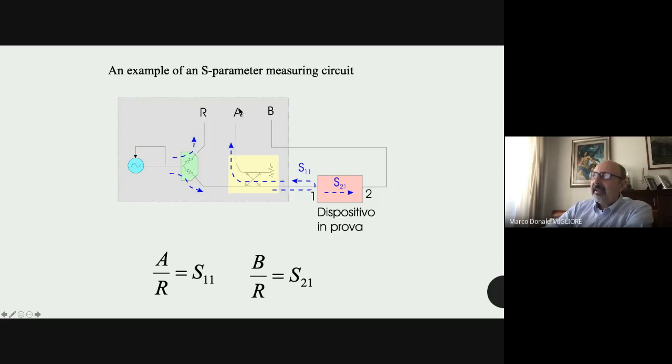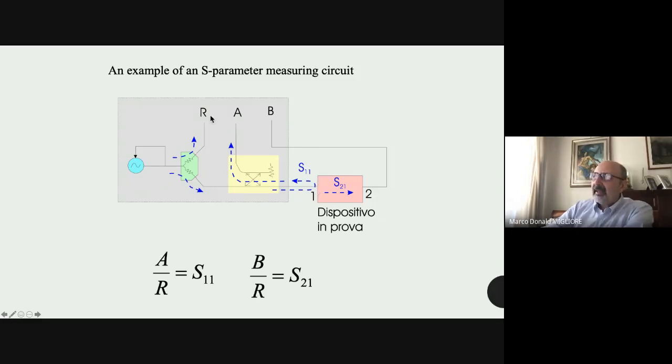What I mean is that what we measure at the measurement section of the vector analyzer is not exactly what I want, that is the reflection coefficient at this section, because we have all these devices between the real measurement section of the vector analyzer and the section where I want the reflection coefficient.